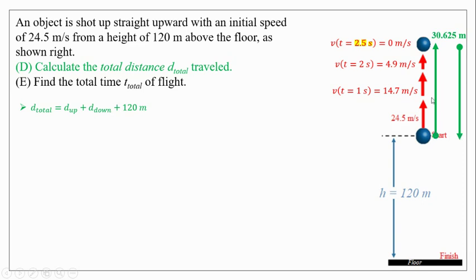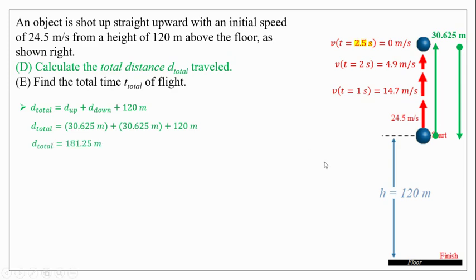So you've gone 30 meters about, and then another 30 meters down, and then you still have to fall this additional 120. Hence, in my work, I'd have D up, which is 30.625. I have D down to where it was launched, which is another 30.625, plus the extra 120. Okay, so therefore the distance that it traveled from start to finish is 181.25 meters.